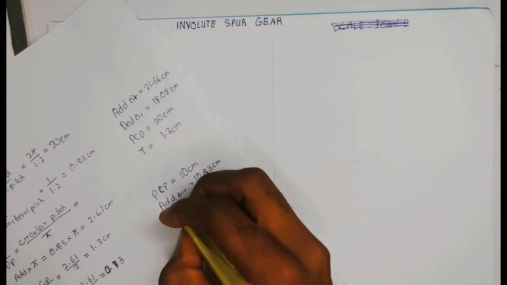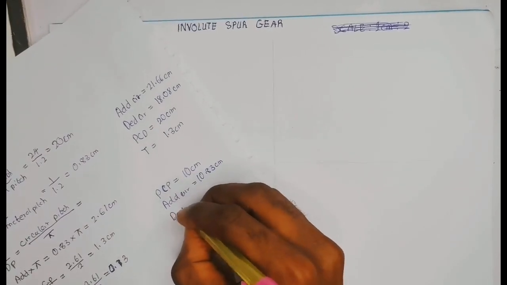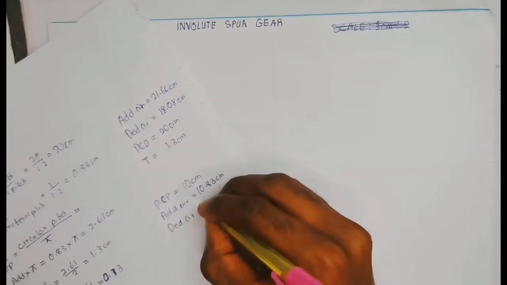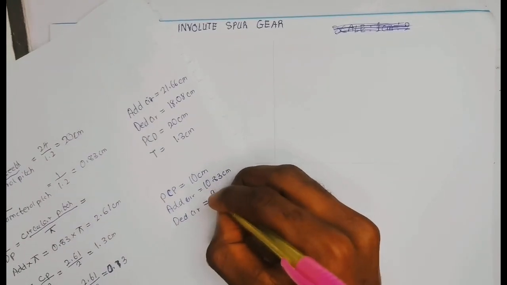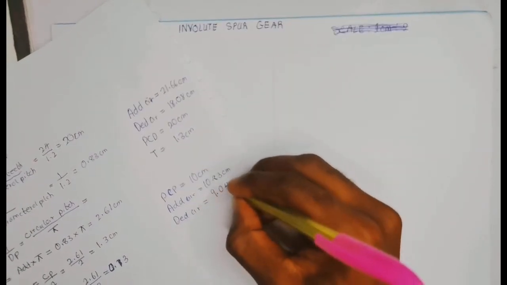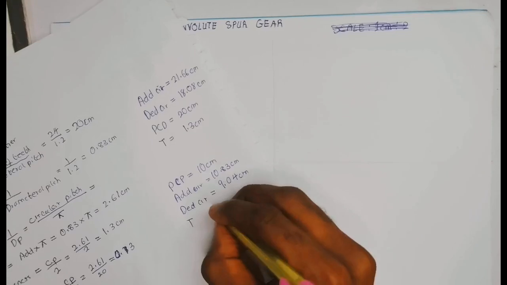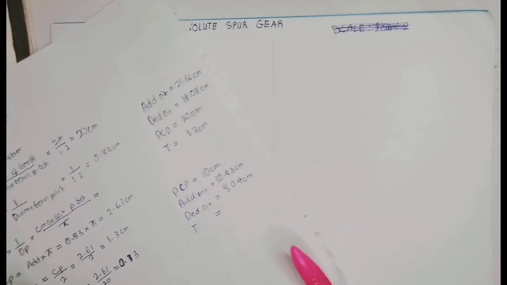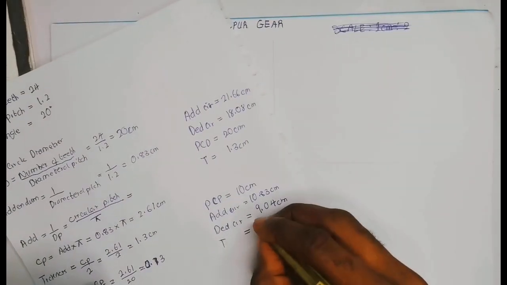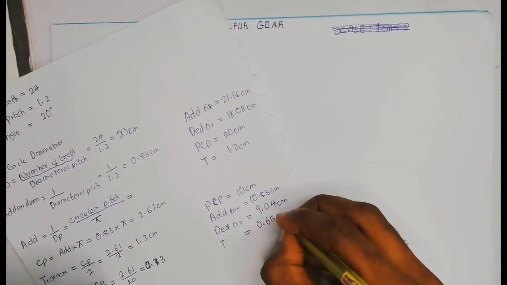And our new dedendum circle will be 18.08 multiplied by 0.5, that is 9.04 centimeter, and our new thickness will be 1.3 times 0.5, which is 0.65 centimeter.